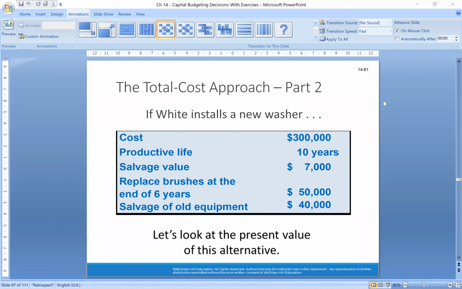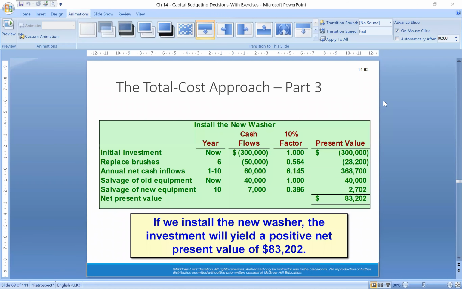Now let's calculate the net present value for each project. Installing the new car wash, the initial investment will be 300,000 now, and now means year 0, so negative 300,000. Replace brushes in year 6, 50,000 multiplied by the factor from table 1, because I'm paying one time, gives 28,200.